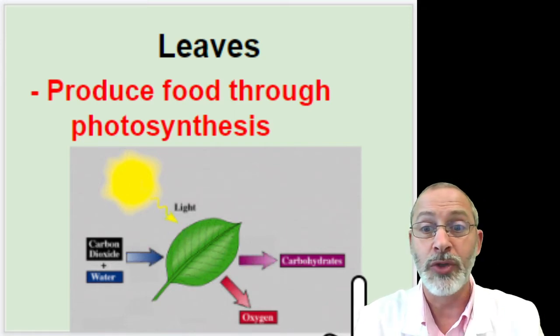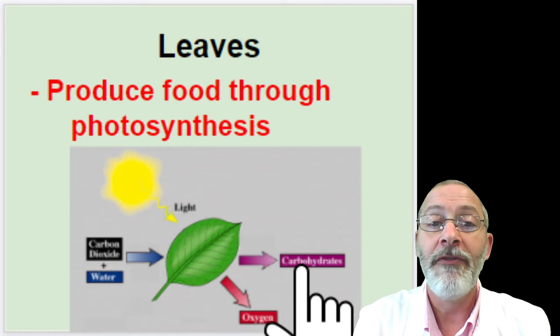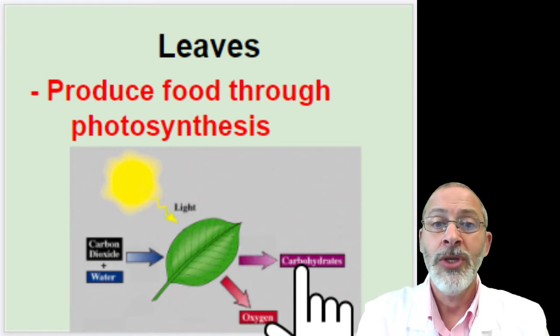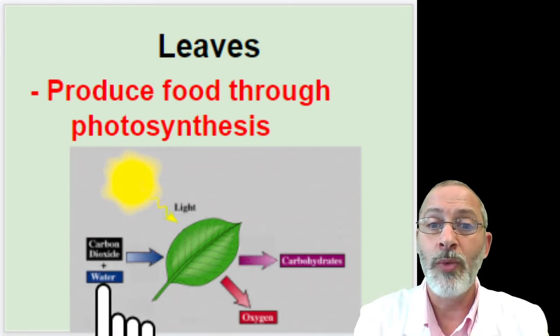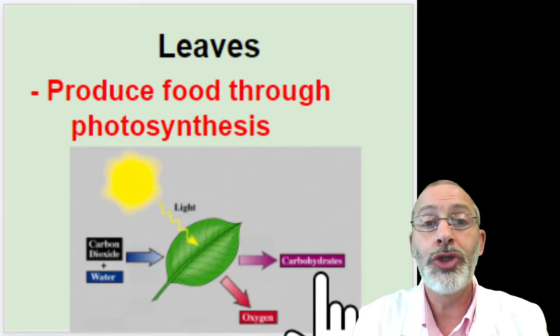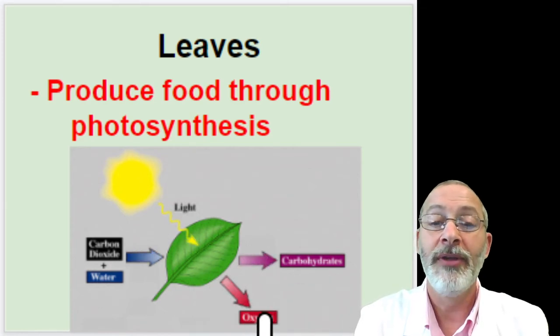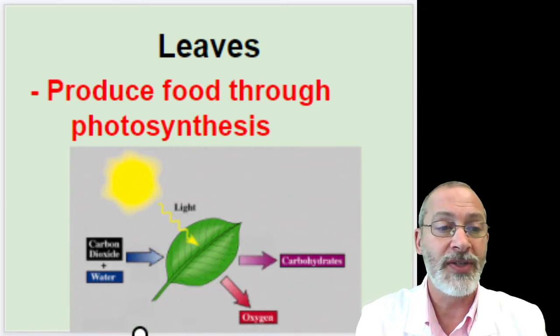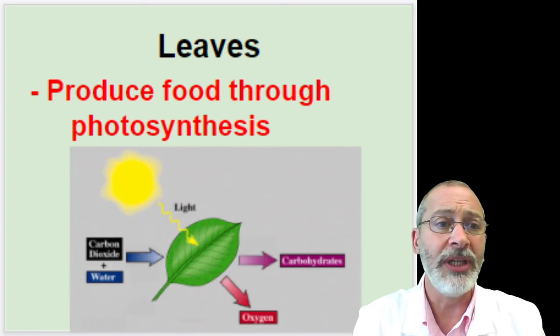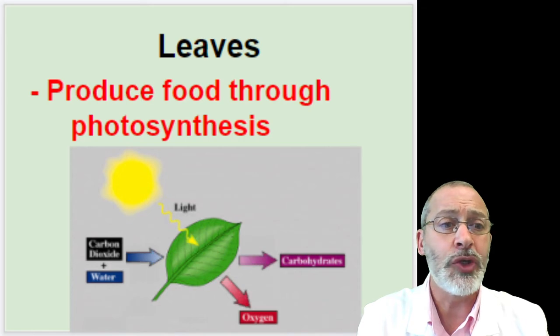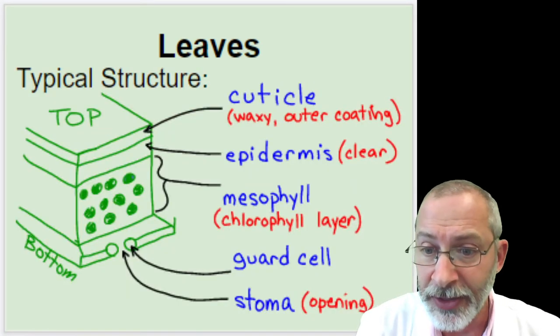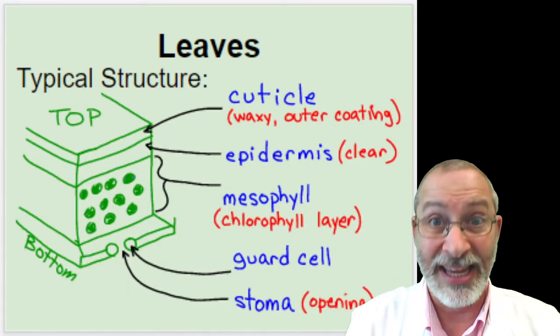Sugar, basically, is what is produced during photosynthesis. So carbon dioxide and water go in, sugar, food, and oxygen come out through the process of photosynthesis. So leaves are really super important in the functioning of plants.